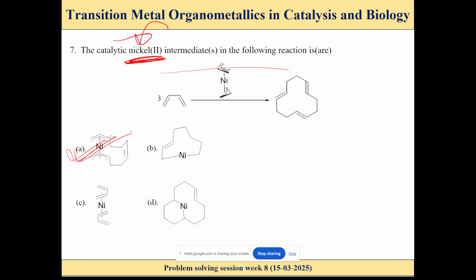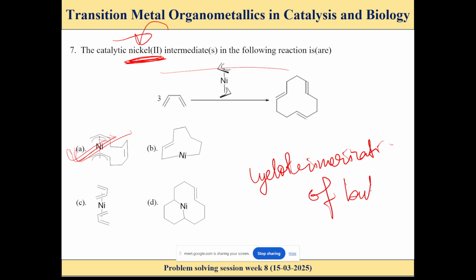cyclotrimerization of butadiene. So this reaction is an example of cyclotrimerization of butadiene.